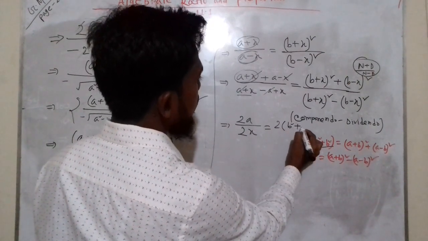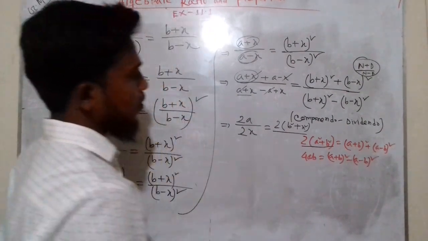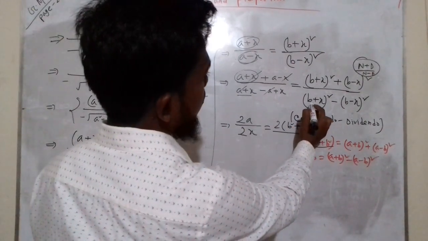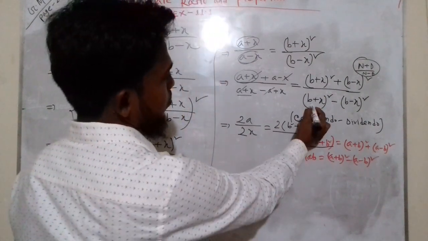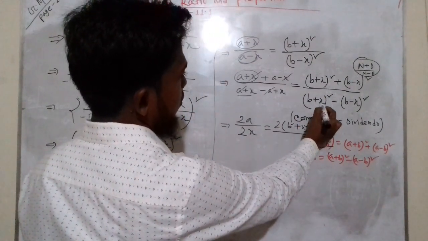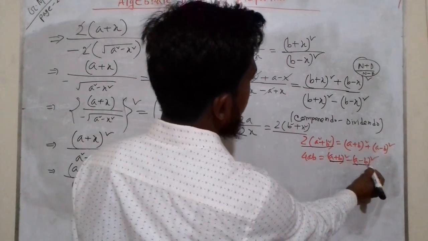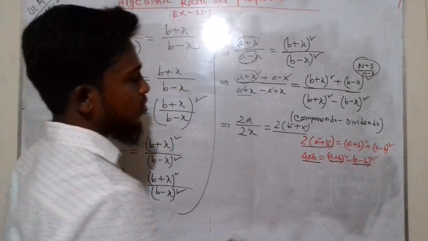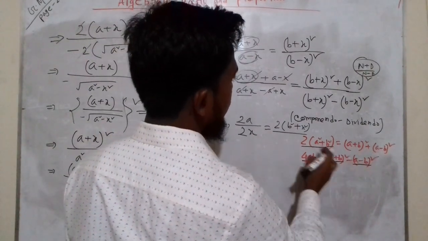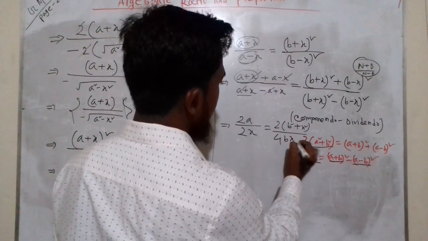b square plus x square divided by, here we see that b plus x whole square minus b minus x whole square, b is a and x is b, so we can write a plus b whole square minus a minus b whole square. This is 4ab, the formula of 4ab equal to a plus b whole square minus a minus b whole square, so we can write 4bx.